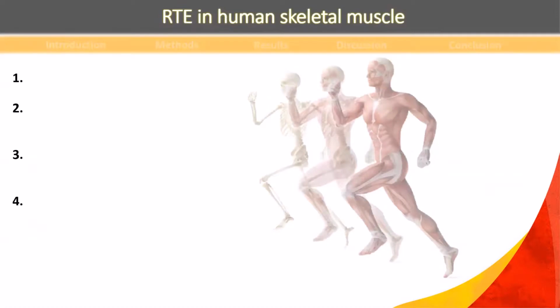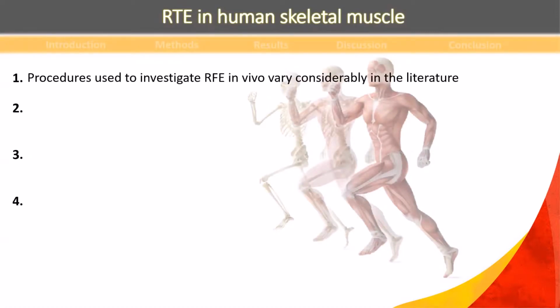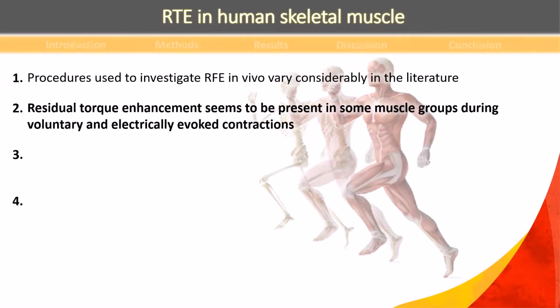In summary, for this review and meta-analysis, we can conclude that procedures used to investigate residual force enhancement in vivo vary considerably in the literature, and the main outcome used to assess residual force enhancement is the increase in torque. Residual torque enhancement seems to be present in some muscle groups during voluntary and electrically evoked contractions.